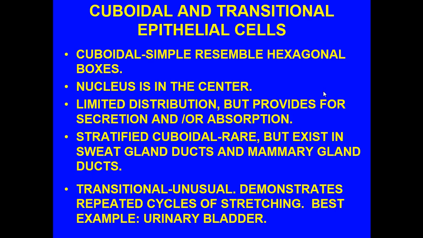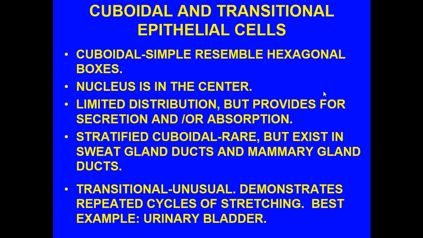Where you're going to see them best known is in the urinary bladder. Because what happens is that in the urinary bladder, you have these repeated episodes of stretching and recoil. The bladder fills up with urine and then contracts down as we expel the urine.